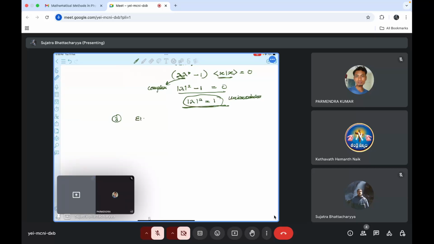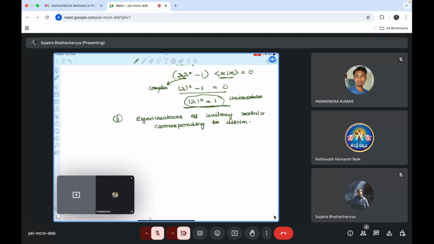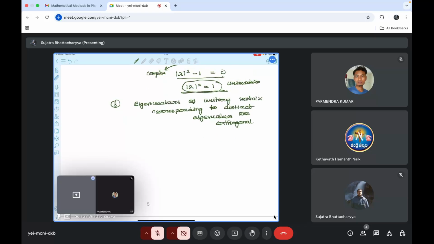So eigenvectors of a unitary operator or unitary matrix, corresponding to distinct eigenvalues, are orthogonal. Again, almost similar to the Hermitian matrix.